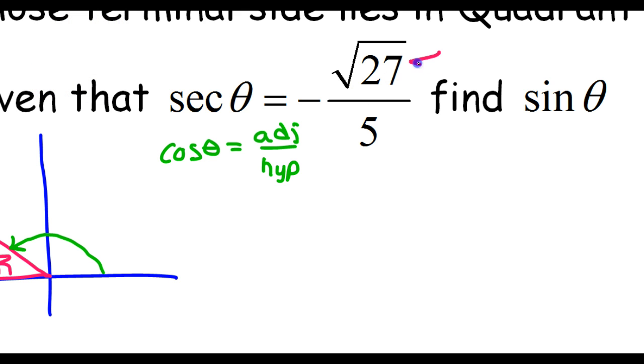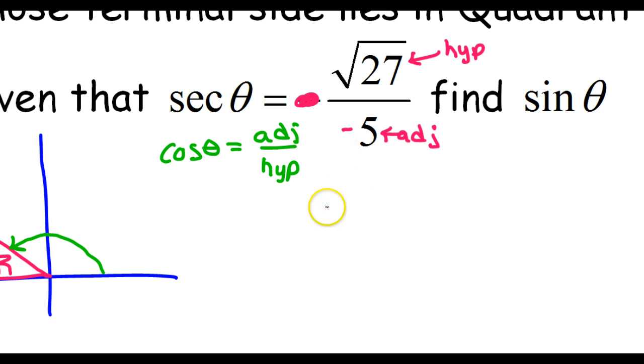So this up here is going to be the hypotenuse, and this down here is going to be adjacent. So it's like hypotenuse over adjacent. Now, the hypotenuse can't be negative. So this negative in the front, we're going to put it down here.